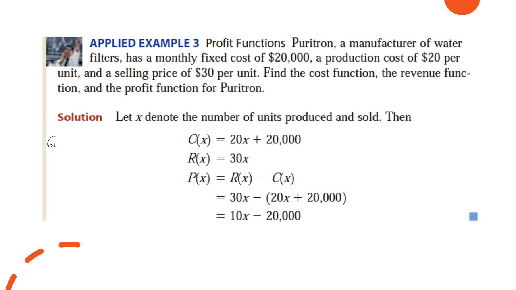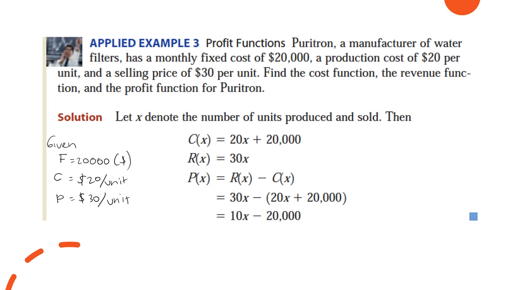So given that fixed cost is $20,000, and then a production cost, small c, of $20 per unit, and then selling price is $30 per unit.